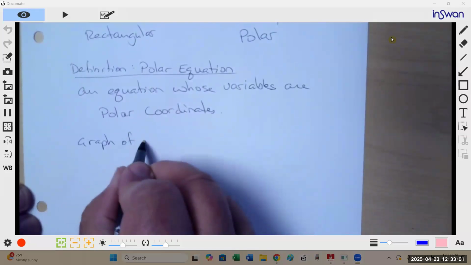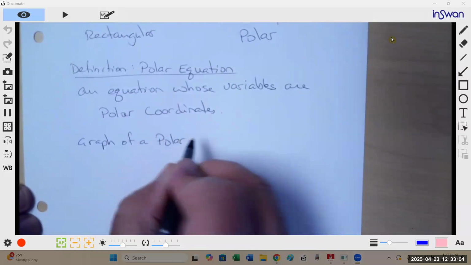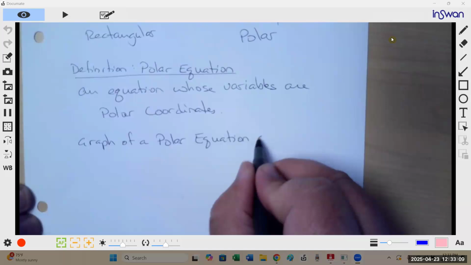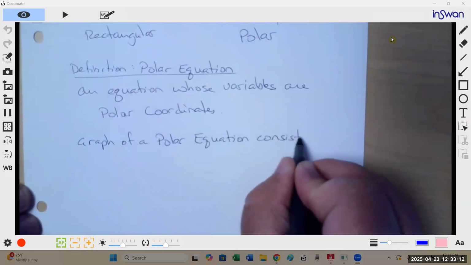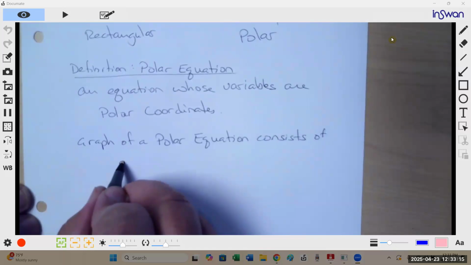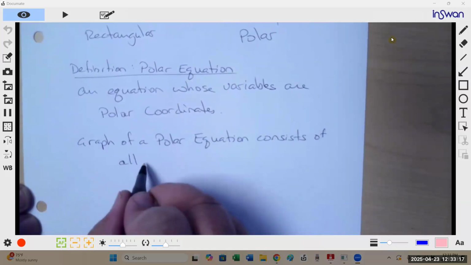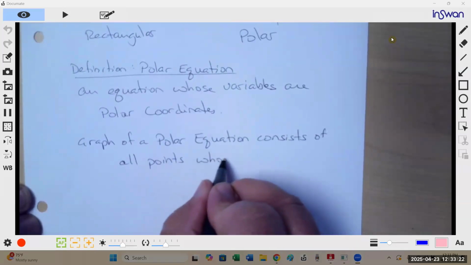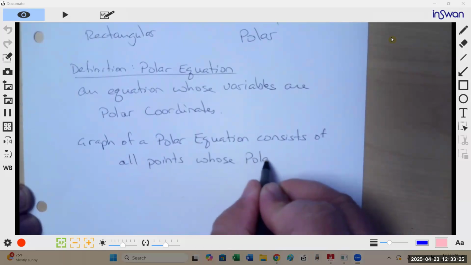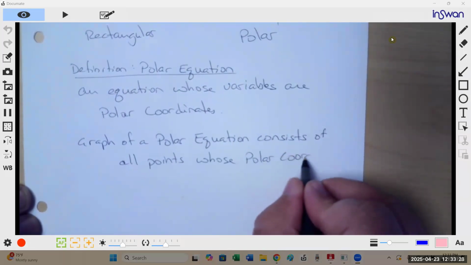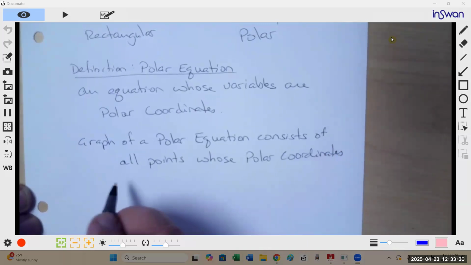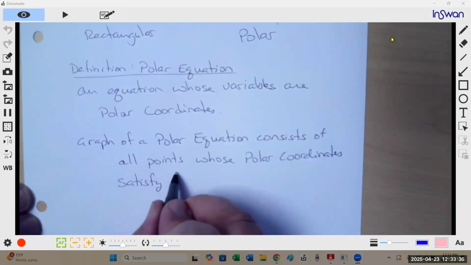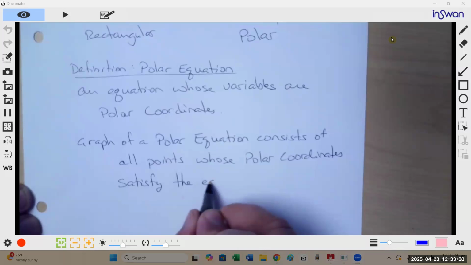The graph of a polar equation consists of all points whose polar coordinates satisfy the equation.